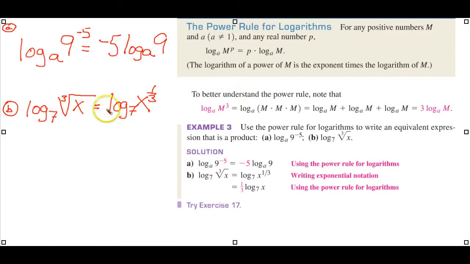The third root of something is x to the 1/3 power. So this then becomes, we're taking our exponent, putting it out in front, 1/3, and then log base 7 of x. And again, you'll be practicing this and then doing your quiz-me on it.